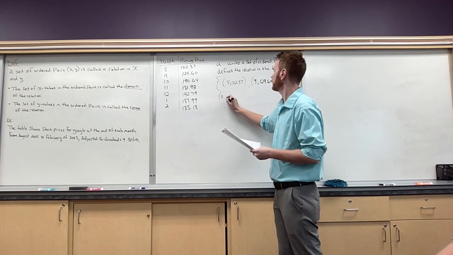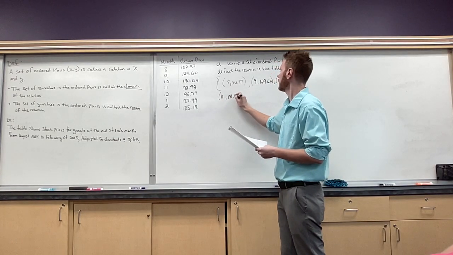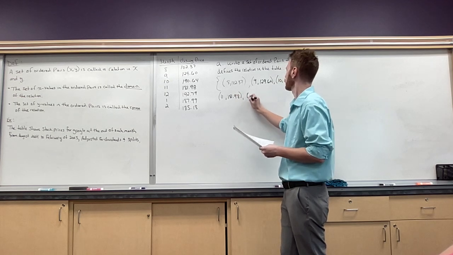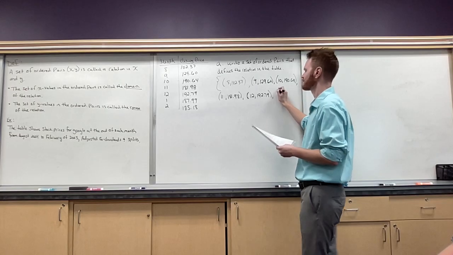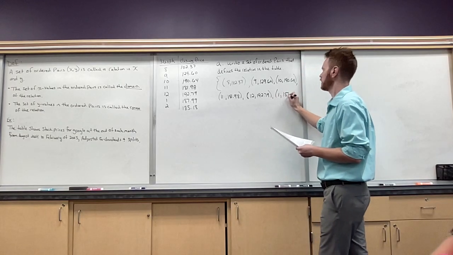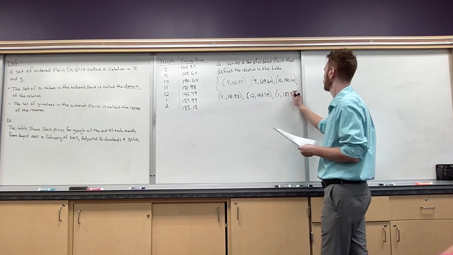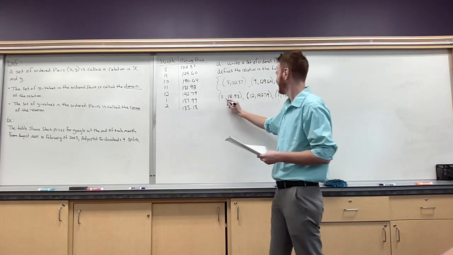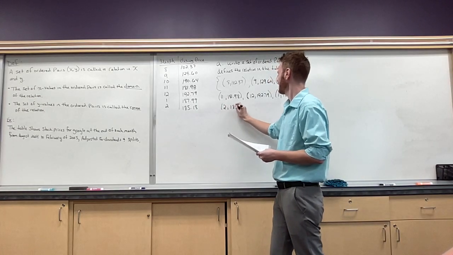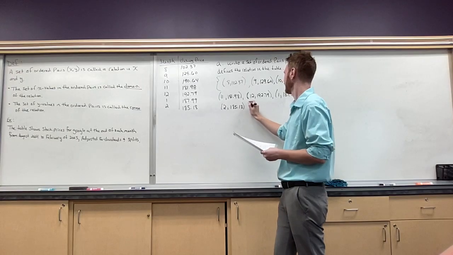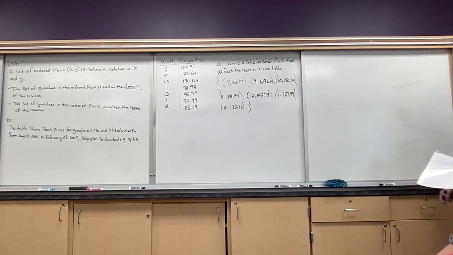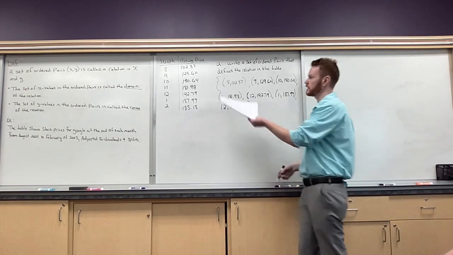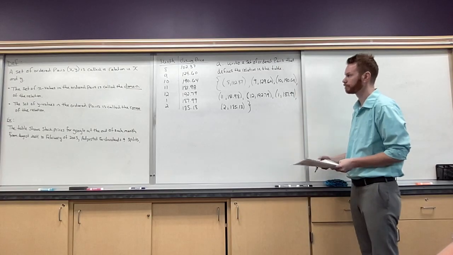Let's see, 11, 181.98. 12, 192.79. 187.99. And the last one, 2, 185.18. There we go. And the set notation there. Okay? So all those ordered pairs is a relation, and it defines this data table as we see.